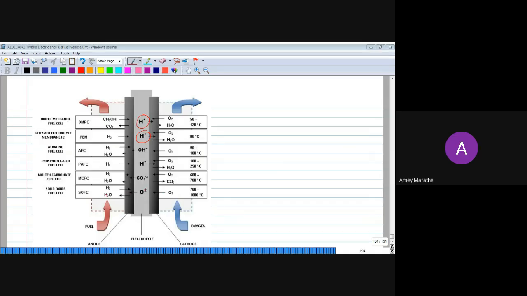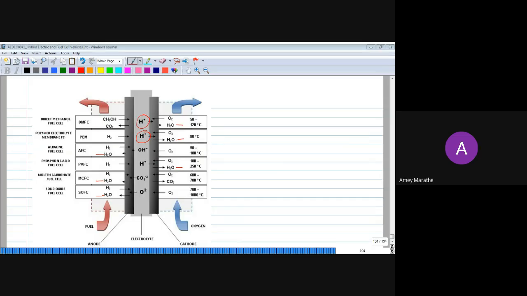And you can find that the exhaust or H2O is formed at the anode. Even in molten carbonate, H2O is formed at the anode. In alkaline fuel cell, H2O is formed at the anode, whereas in polymer electrolyte, H2O is formed at the cathode. Here also H2O is formed at the cathode, and even here H2O is formed at the cathode.